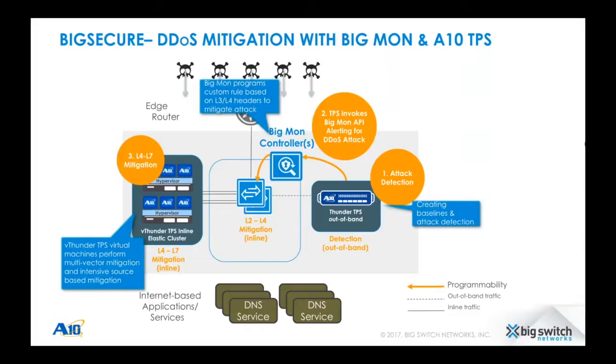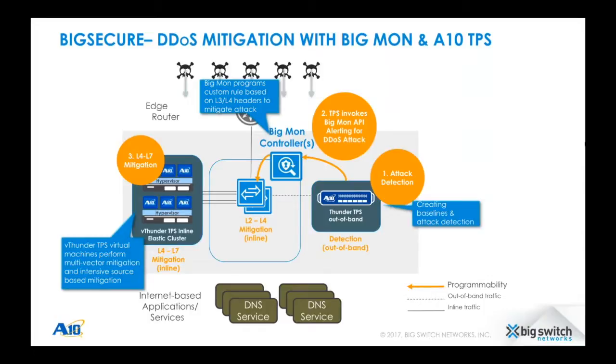So this illustrates what we had talked about here. Thunder TPS doing some attack detection, creating baselines of traffic. The TPS invoking the BigMon API, this SDN-enabled action that we talked about, for alerting of this DDoS attack.